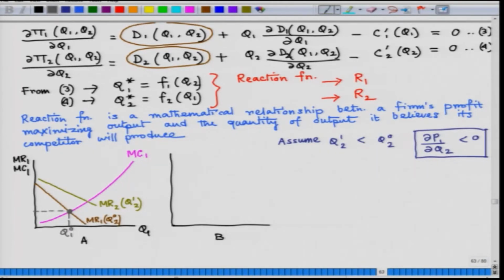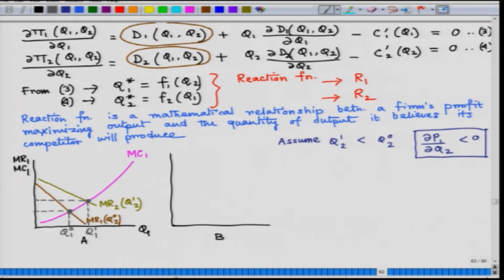Needless to say, this duopolist 1 will again adopt that monopoly-type profit maximization exercise and find another equilibrium, and it will now produce a higher level of output Q11.